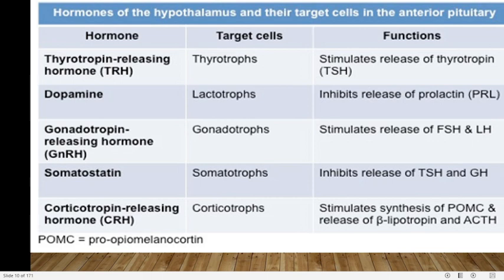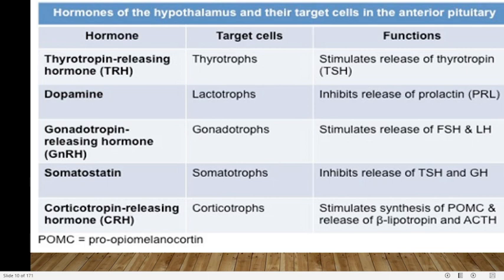Dopamine normally inhibits release of prolactin. We have gonadotropin releasing hormone, GnRH, which stimulates the release of FSH and LH. We have somatostatin, which inhibits the release of TSH and growth hormone.